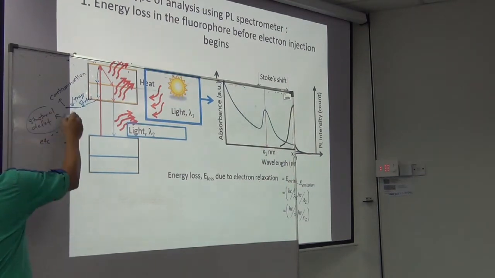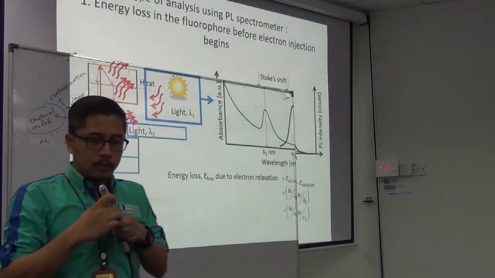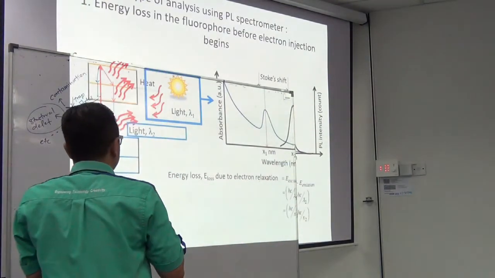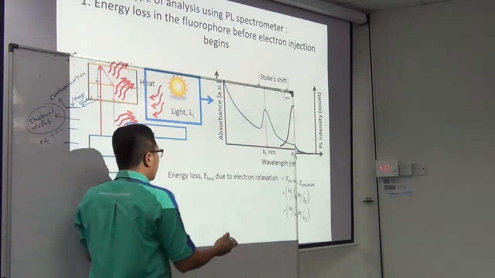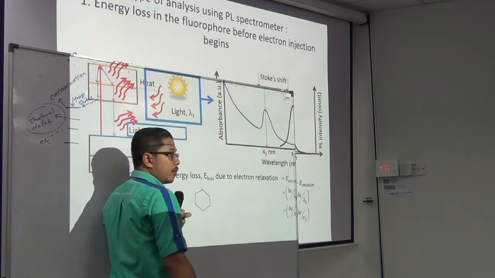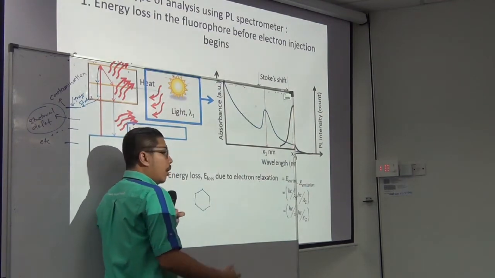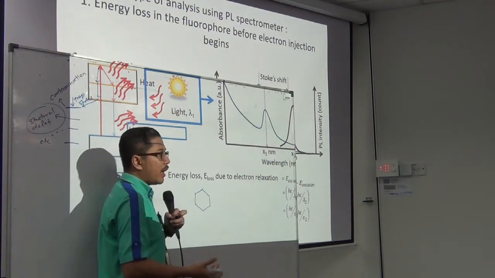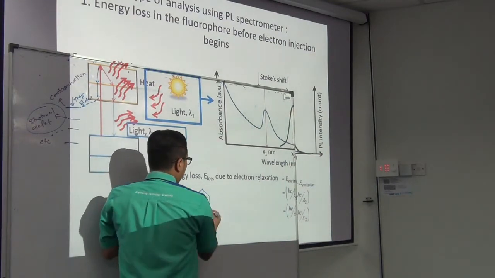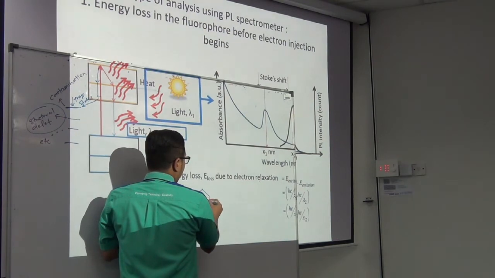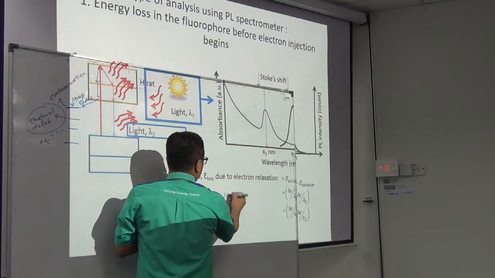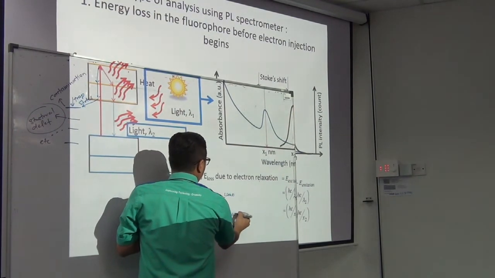Or structural defect. Structural defect is like this. Maybe during our synthesis, we could synthesize a quantum dot with a structure like this. Or with some error, our structure could be distorted. For example, if this is our cadmium selenide structure, it gives us this energy level, LUMO and HOMO.